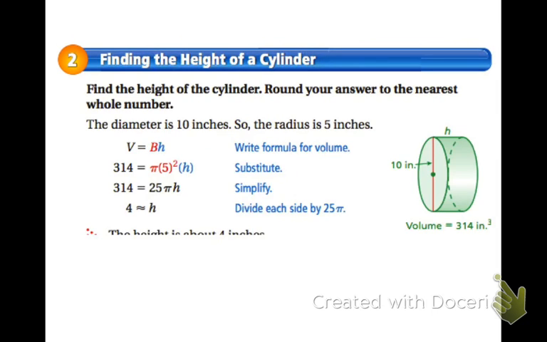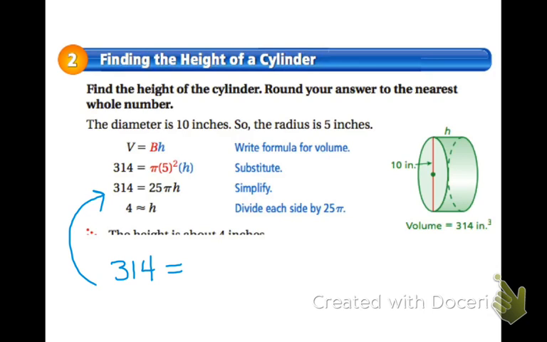Sometimes the missing dimension is the height. And so in this case, we're going to find the height using a little bit of algebra. So when we get to, let's see, this stage right here. So we have the volume. It is equal to, and then if I take 25 times the 3.14, I go ahead and multiply that in.